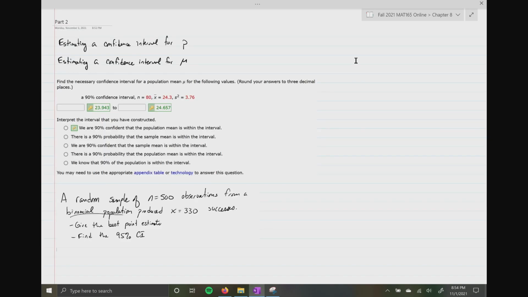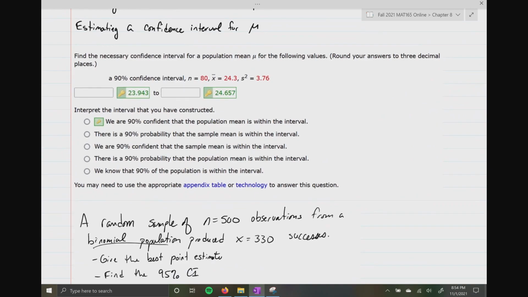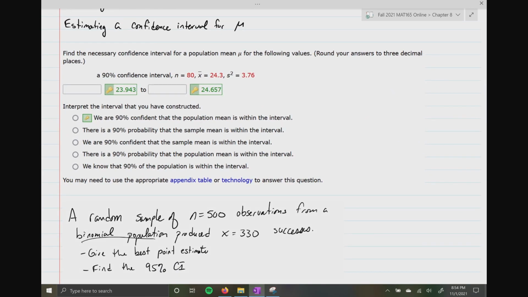Okay, I'm back, and here are the two problems. With the first one here, it just says find a necessary confidence interval for the population mean mu for the following values. Now, I realize it's telling us to find a confidence interval for mu, but here's how I really know what's happening.